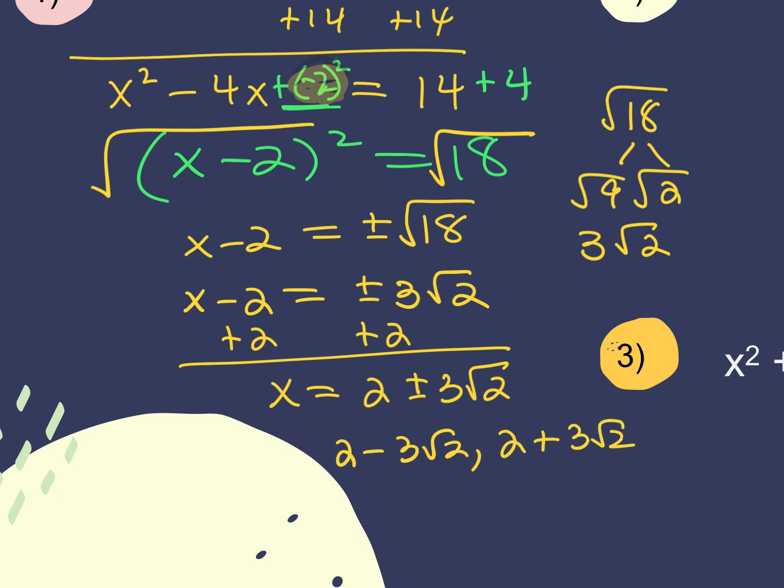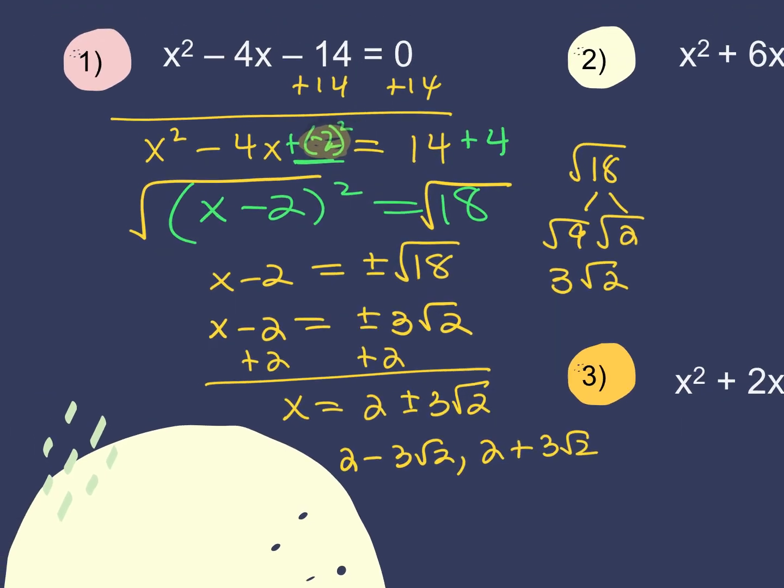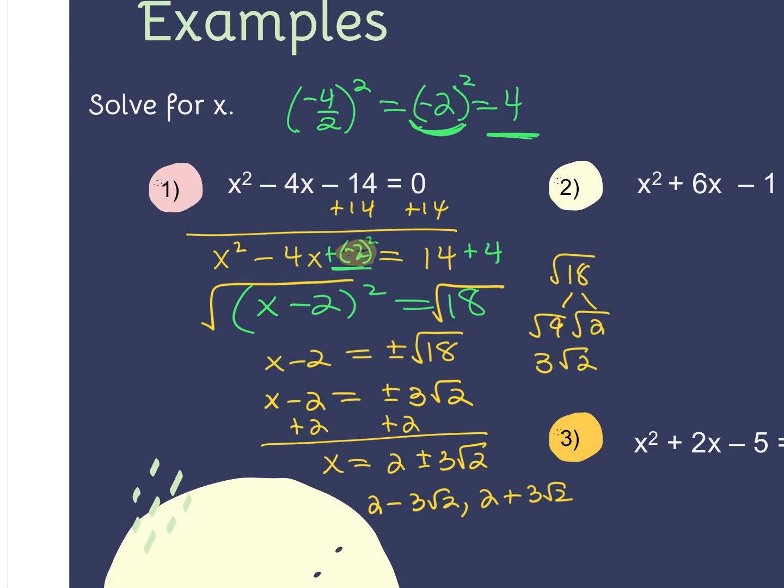Yes, Marcos. What is the negative 2 squared at the top? Okay, so what I did was up at the top, I took the b term, which is negative 4. I take it and divide it by 2, square it, and then that's what I'm adding to both sides of the equation.